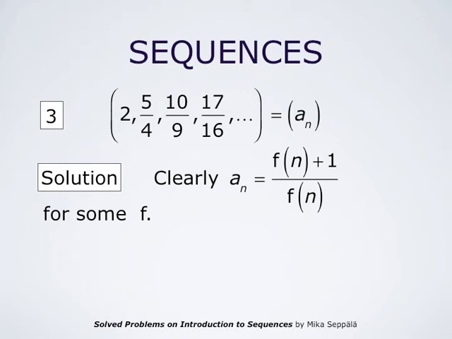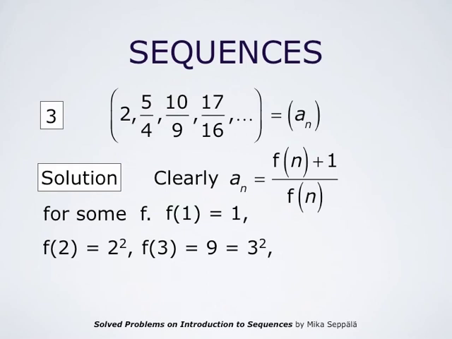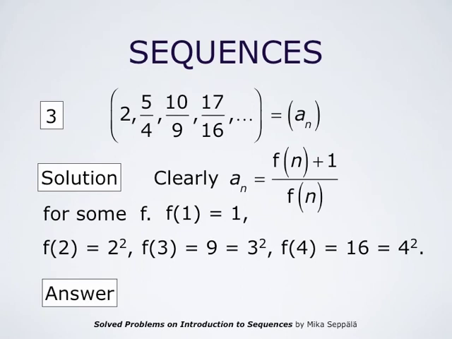So we have to figure out what this function f might be. And we observe that f(1) must be 1, f(2) is 4, which is 2 squared, f(3) is 9, which is 3 squared, and f(4) is 16, which is 4 squared. So obviously f(n) is n squared, and the answer is that this sequence consists of numbers n squared plus 1 divided by n squared, which is also 1 plus 1 over n squared.